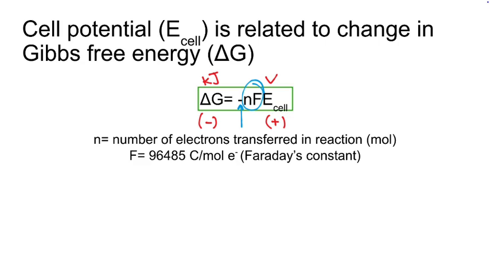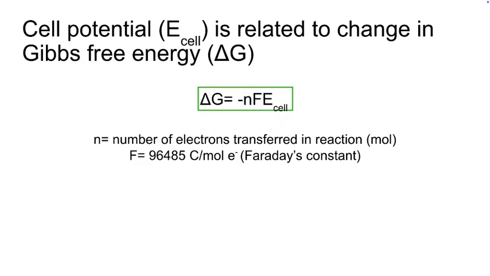Make sense? F is going to be extra special. I don't remember seeing constants on the front of your quiz, so that might be one that you want to write down, because I'll fully admit I have never memorized that one. So you need to have that number so that you can run your calculations. Make sense? Okay.